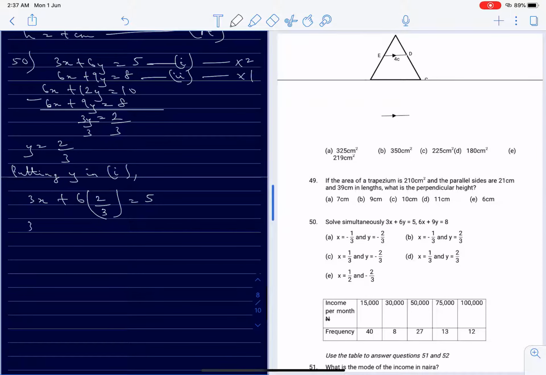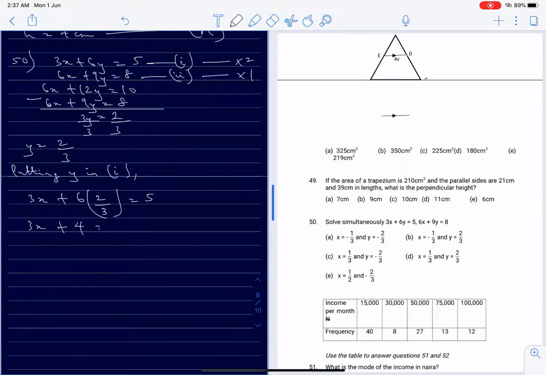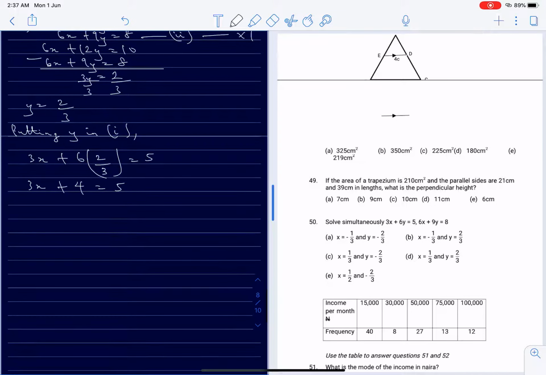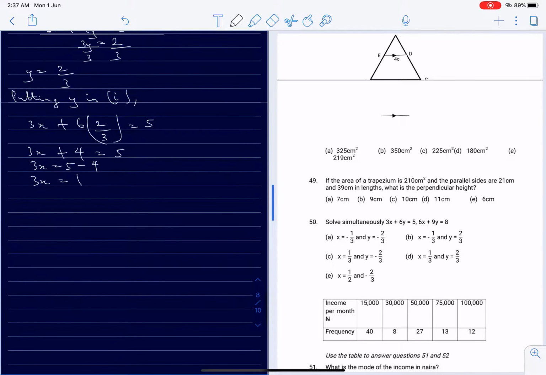And that means 3x plus 4 equals 5, so 3x equals 5 minus 4, and 3x equals 1.